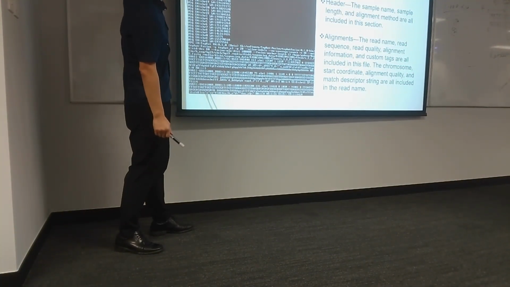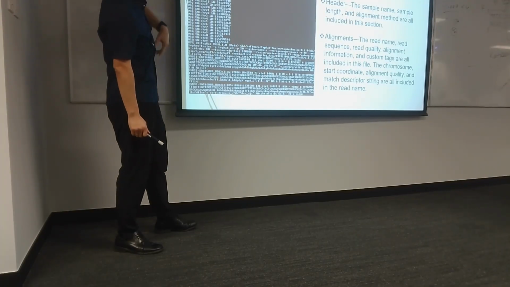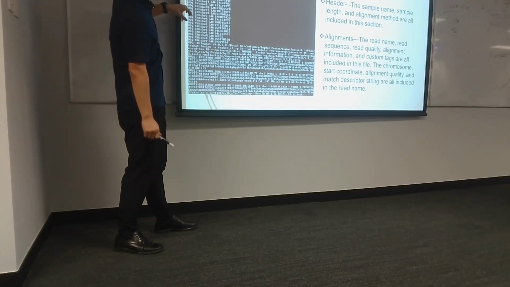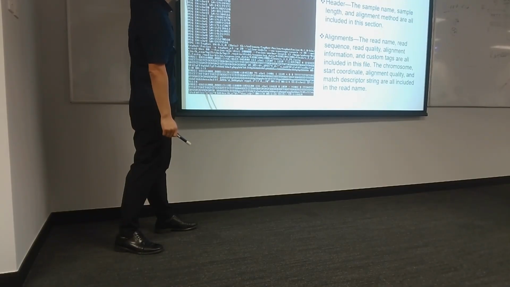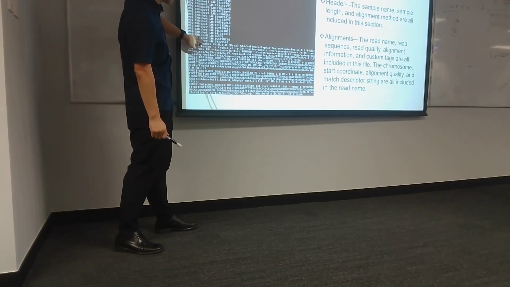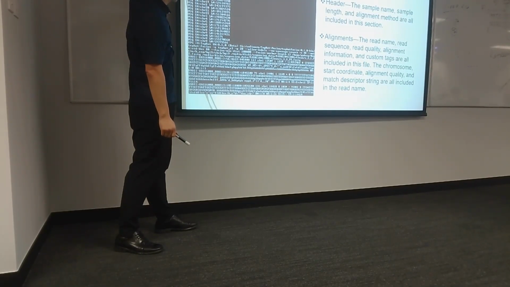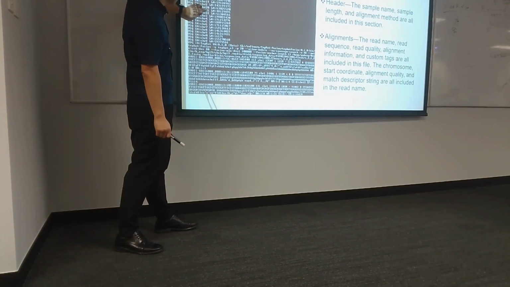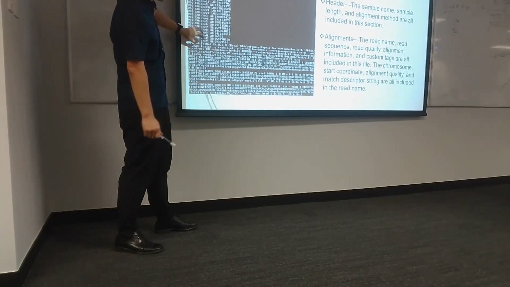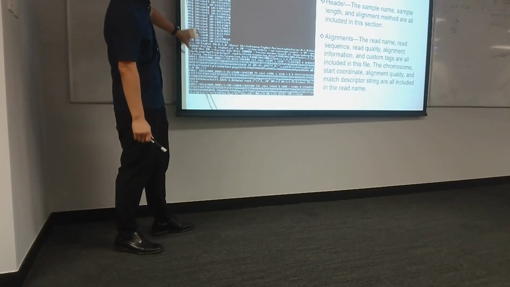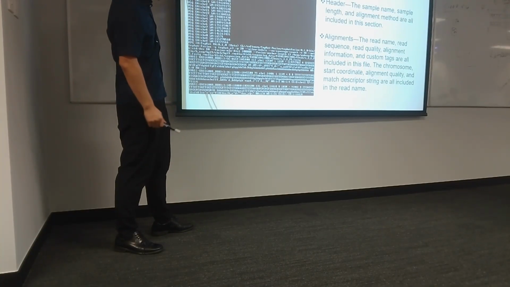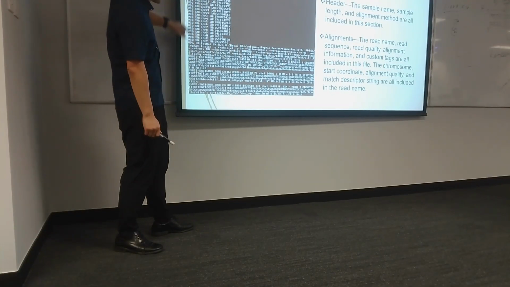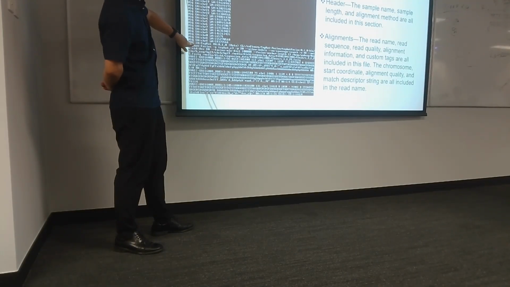In this BAM file, we can see this alignment was aligned against chromosome 1 to chromosome Y: 1, 10, 11, 2, 20, 21, and X and Y. All the human chromosomes were aligned. This is a reference. And here is a method used.